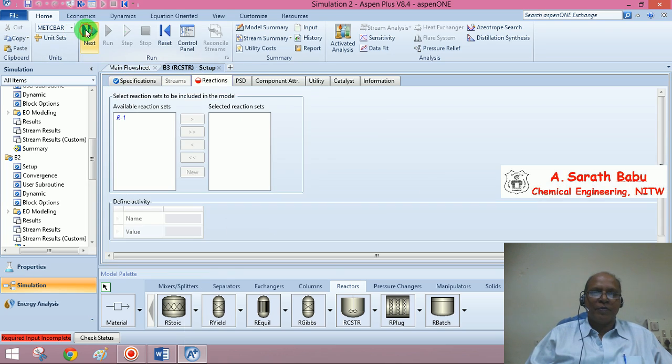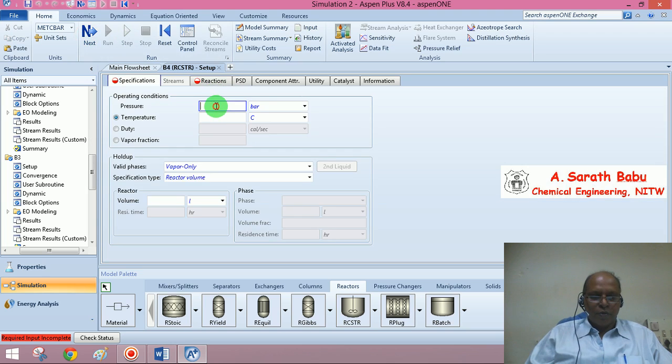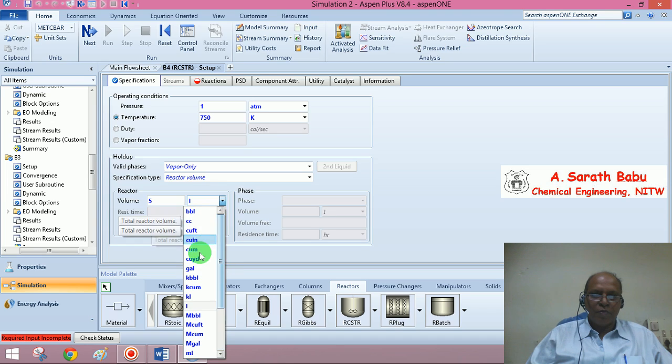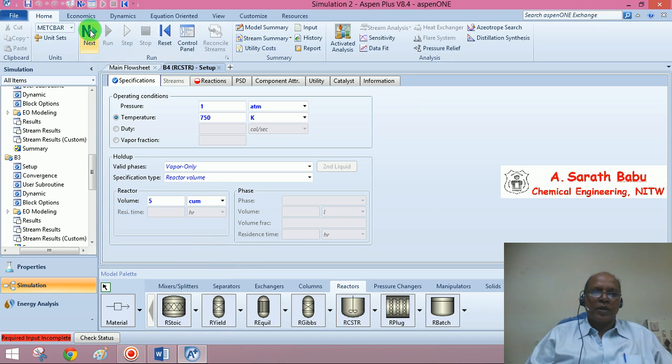Next, R1, next, 1 atmosphere, 750 Kelvin, 5 cubic meters. Say next.